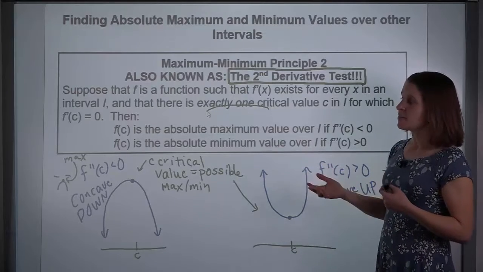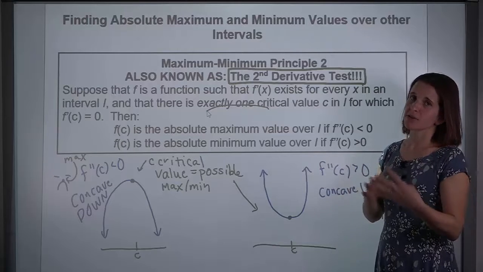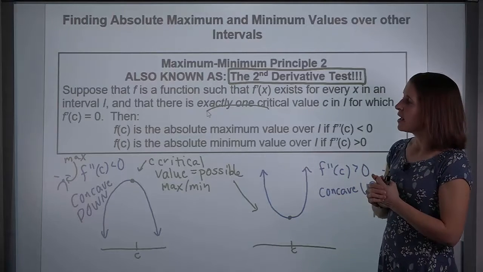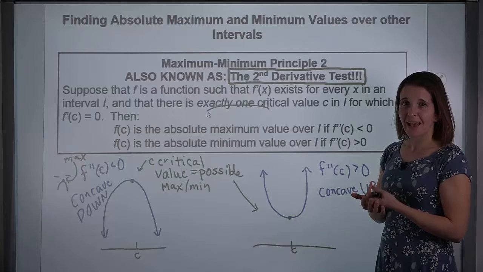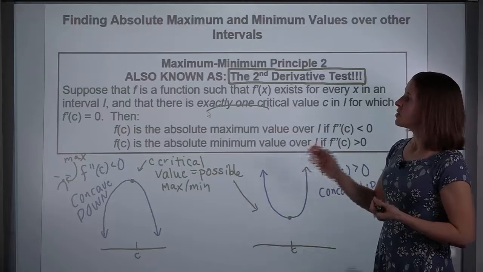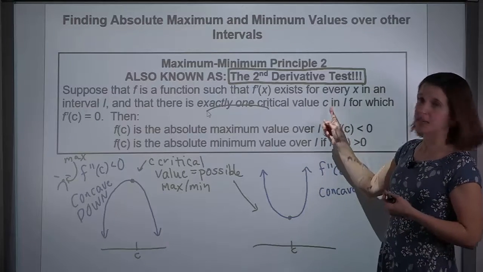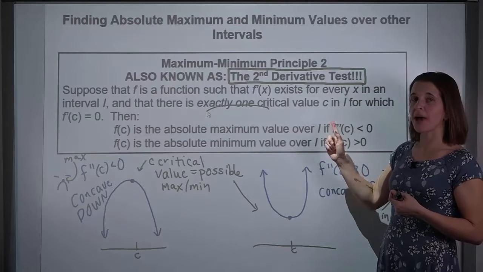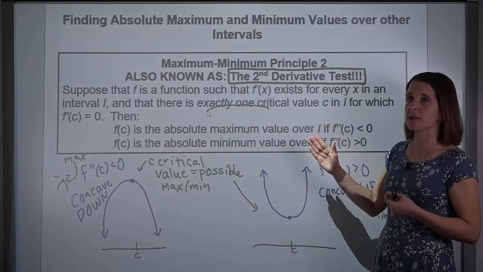And to verify, instead of doing a whole table, because these are actually absolute and not relative and all of that, if I just check the concavity there, I will know which one. So I have this value c, which is a critical value, which automatically means it's a possible max or a min.